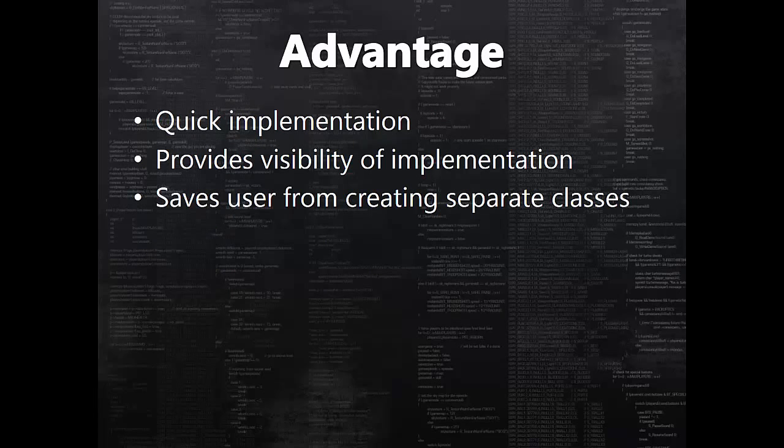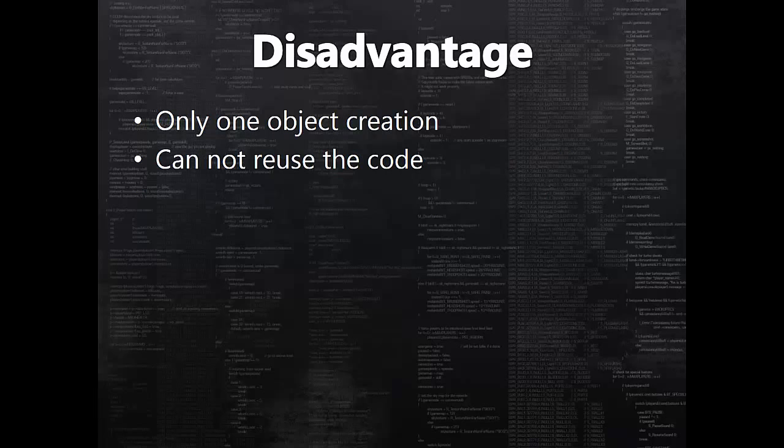If I summarize what we have learned so far, we now know how to implement anonymous inner classes. The advantage of using them is that they are quick to implement. They provide visibility to the user because they are all written in the same class, and it also saves the user from creating separate classes for code which may be just one-off use. The disadvantage is that the object instance is one-off.